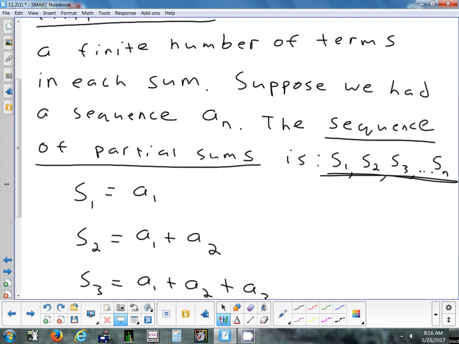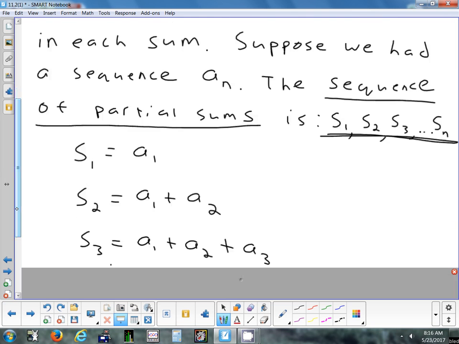Right? And here I'm just explaining in general. If you had any sequence, the first partial sum is basically just the first term. The second partial sum is the sum of the first 2 terms. The third partial sum is the sum of the first 3 terms. The 50th partial sum would be the sum of the first 50 terms.